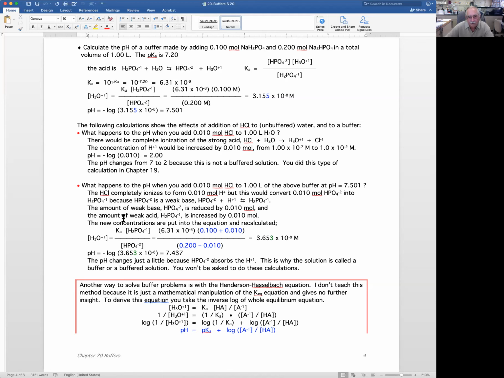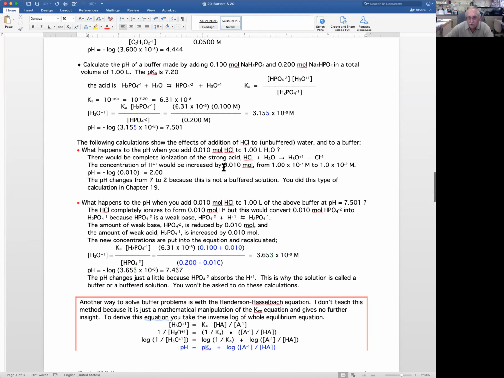So that means that the amount of weak base is reduced by 0.01 moles, and the amount of weak acid is increased by 0.01 moles. So all I did was take these same values up here and either subtract or add 0.01 moles.